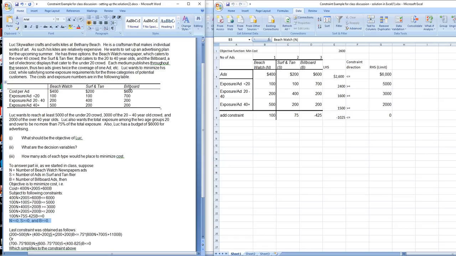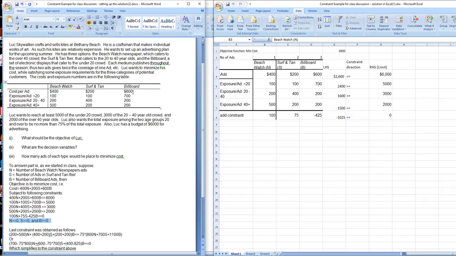So the decision he has to make is how many ads of each type to place and still meet the conditions specified. You are given that each Beach Watch ad costs $400, Surf and Tan ad costs $200, and billboard ad costs $600.